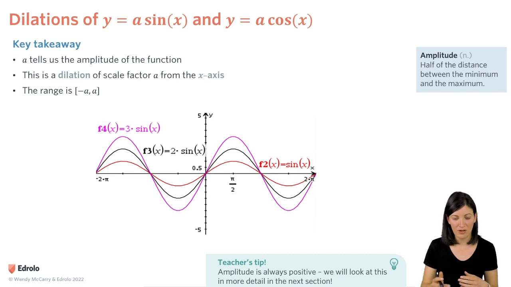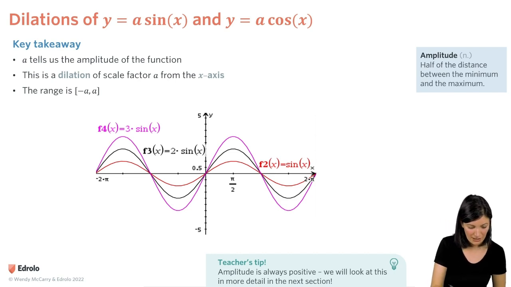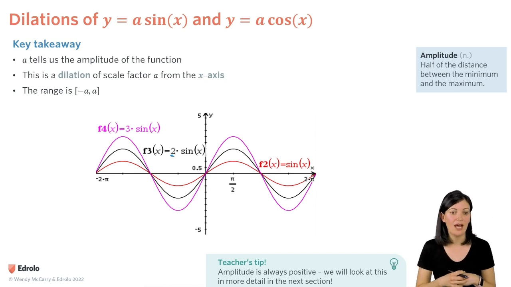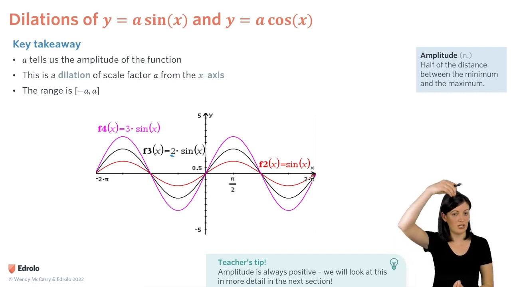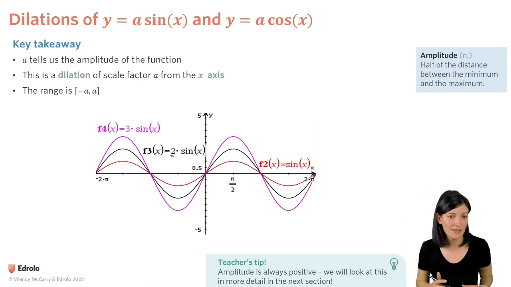But if I have 2 sine x, which is the black graph here, I can now see that the amplitude is 2. And for 3 sine x, the amplitude was 3. If we relate that back to our transformations, we would say that that's a dilation of scale factor a from the x-axis. So it's stretching the graph away from the x-axis.